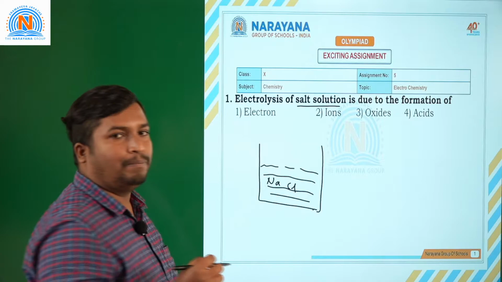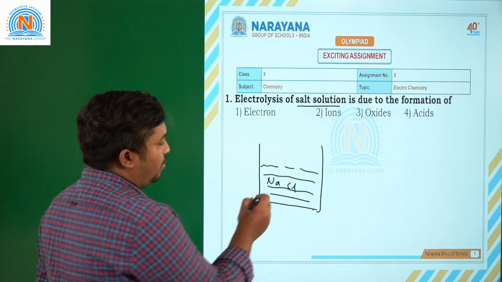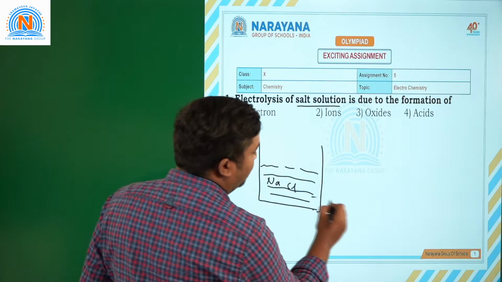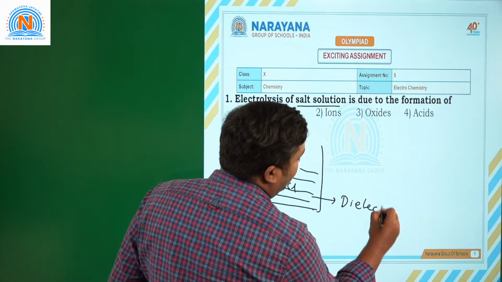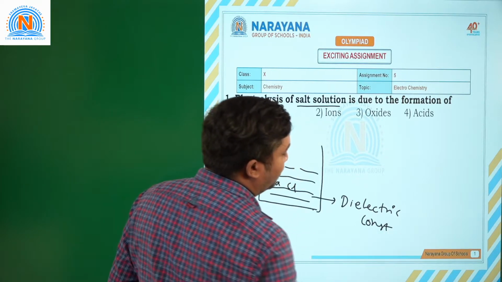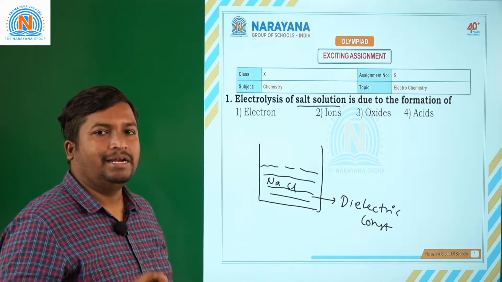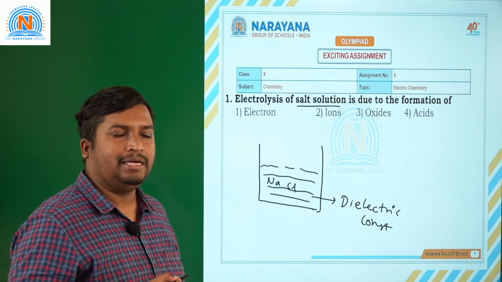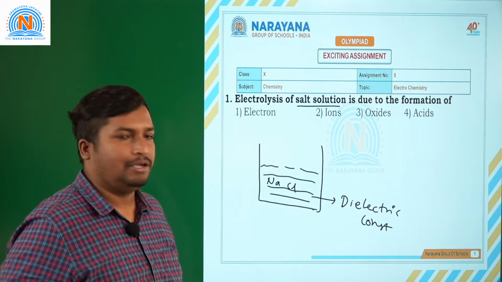Water has a polarizing power, or you can say water has a high dielectric constant. So due to the high dielectric constant of water, it has the ability to separate any salt added into it or a polar compound into its ions.